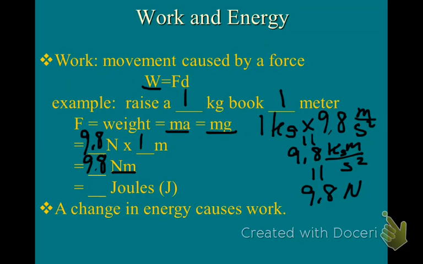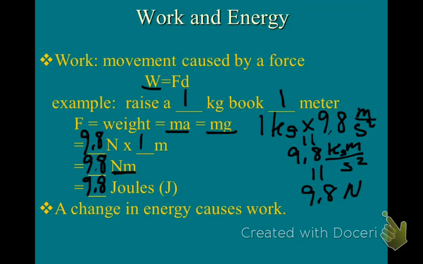So we have a new unit to worry about. Work is going to be in units of newton meters, and then we generally have a name for this. We are going to call it a joule. So 9.8 joules is the amount of work we did. So joules from now on will represent a unit of work, the SI unit of work.